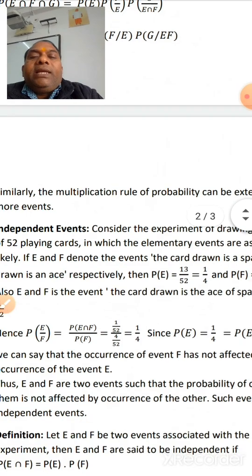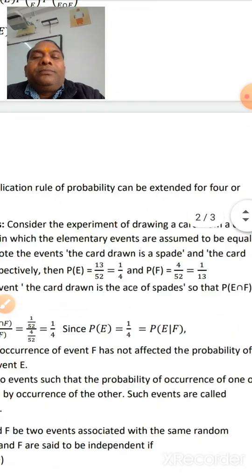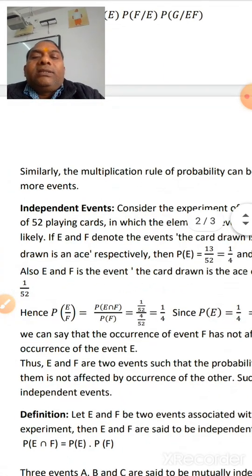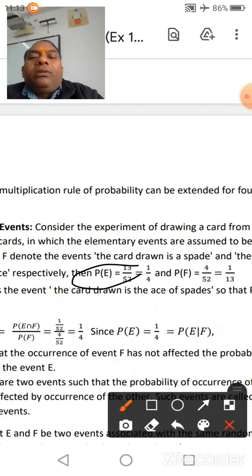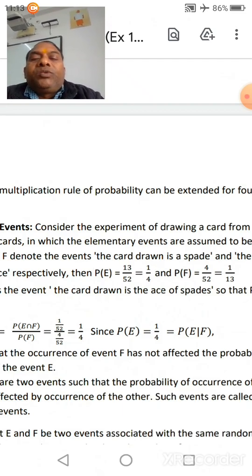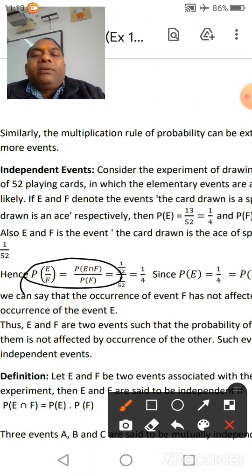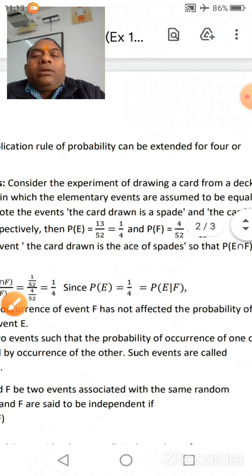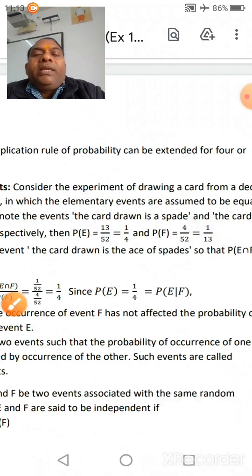If E and F denote the events of the card drawn is a spade and the card drawn is an ace respectively, so P(E) will be 13/52, P(F) will be 4/52, which is equal to 1/13. Now, P(E|F) will be P(E intersection F) / P(F), which is equal to 1/4. Now, P(E) = 1/4 = P(E|F).